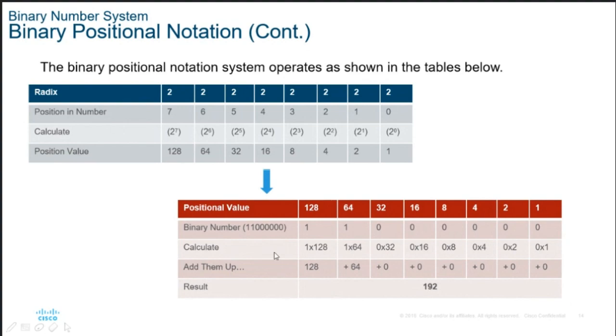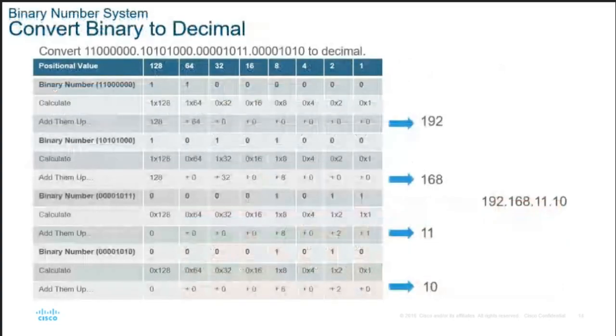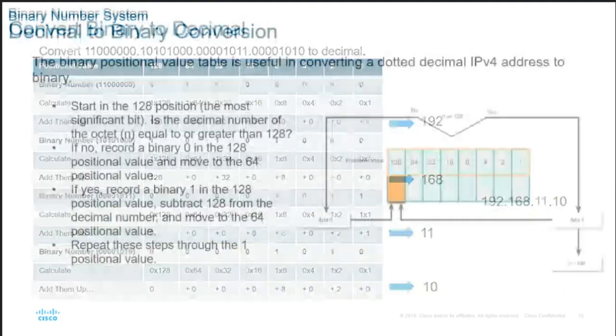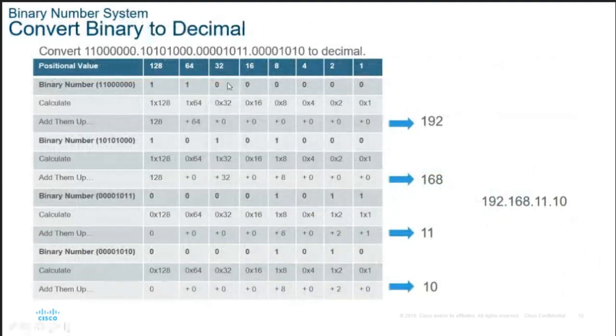Then, calculate nyo na yung may mga 1, multiply natin. Then, add, and then the results. Ito yung kanyang binary to decimal. Ito yung mga example. Convert binary to decimal. So, dapat alam niyo yung mga positional value.